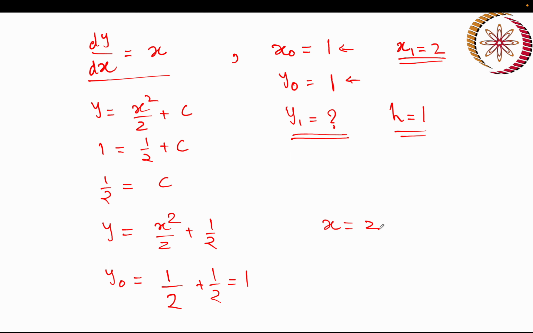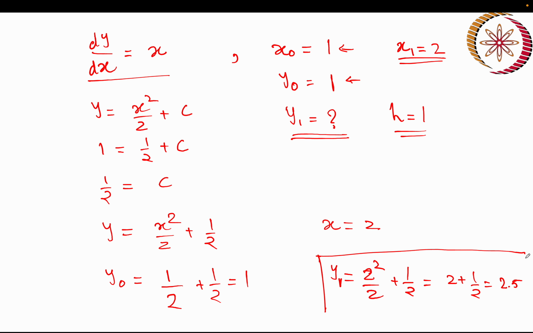So x is equal to 2, we get y is equal to 2 square by 2 plus half, that will be 2 plus half, which is 2.5. So this is what we are expecting as the answer, y is equal to 2.5. Now we'll solve the same problem with the RK method.